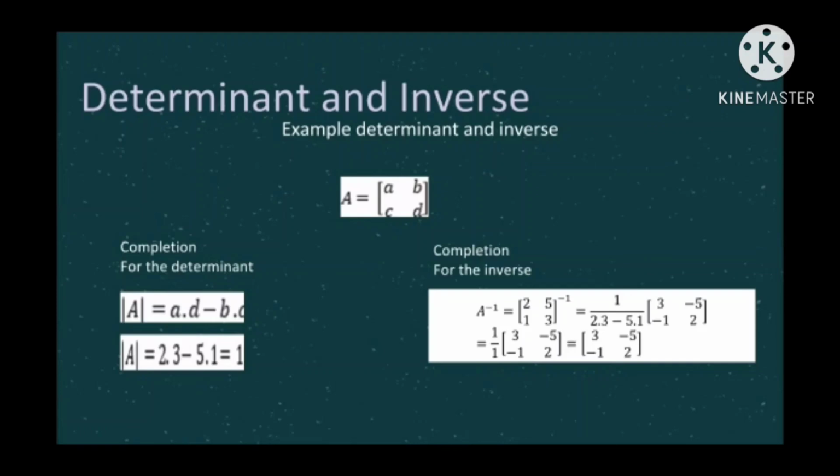For the inverse, A to the power of minus 1, with matrix 2, 5, 1, 3, equals 1 over 2 times 3 minus 5 times 1, times the matrix 3, minus 5, minus 1, 2, which equals 1 over 1 times the matrix 3, minus 5, minus 1, 2, which is the matrix 3, minus 5, minus 1, 2.